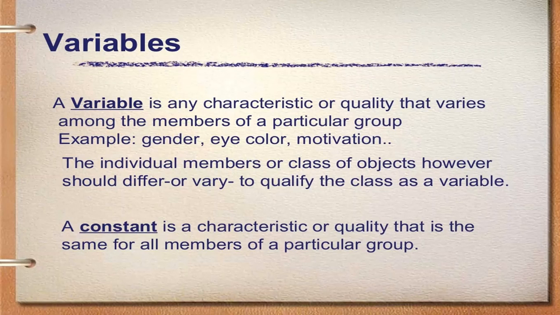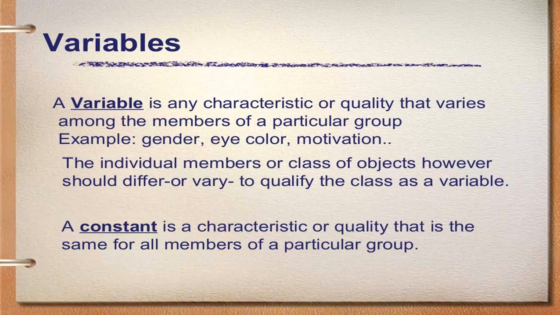Even the motivation of one individual may vary with the passage of time. If today you are highly motivated, you may be less motivated tomorrow. It means this ability of motivation to change and keep on changing with the passage of time makes this phenomenon a variable.